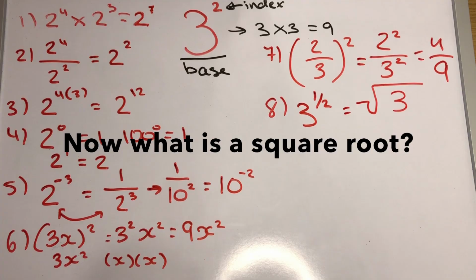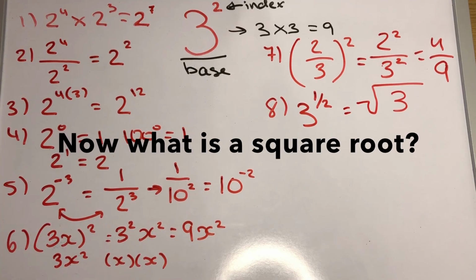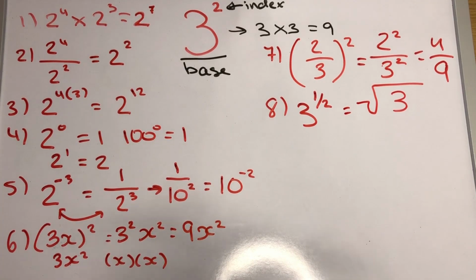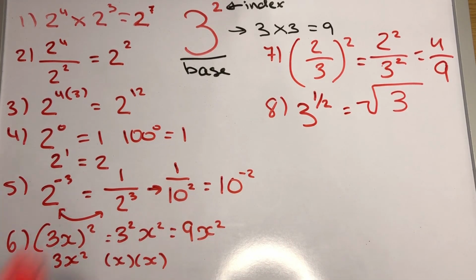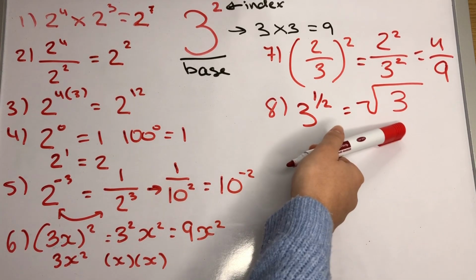Firstly, what is a square root? A lot of people actually don't know what a square root is, and we've kind of just been told, hey, just do that. But why? What's its purpose? What does it mean? Well, a square root is basically you just asking what number, when squared, will give us the number inside.